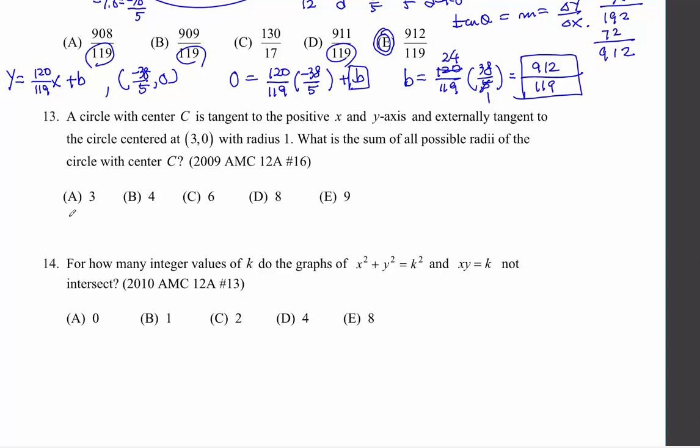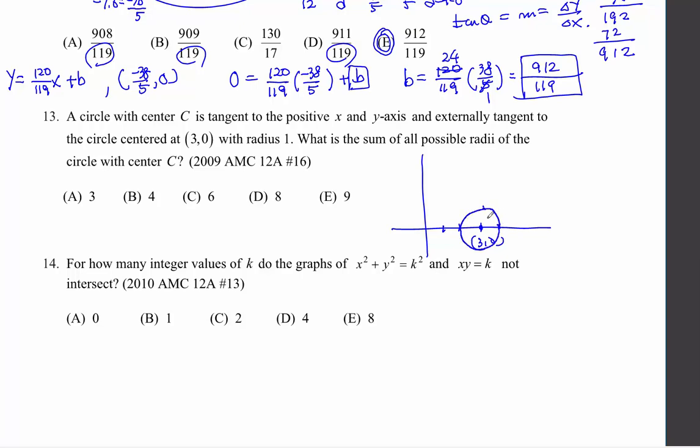They don't give too many drawings. A circle with the center tangent externally. The center is 3 and 0 here, with radius 1.